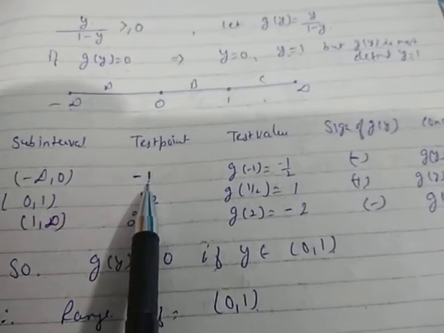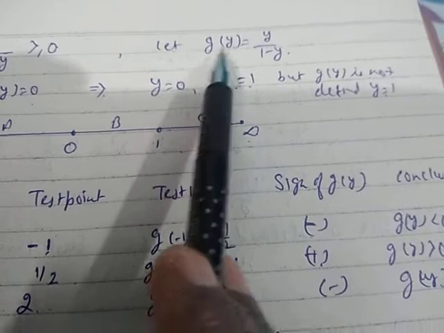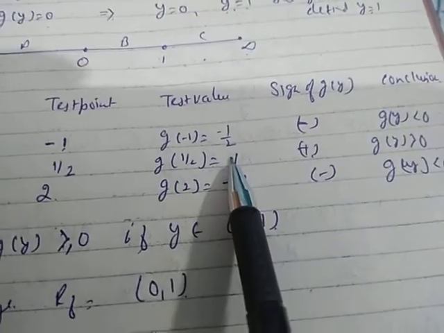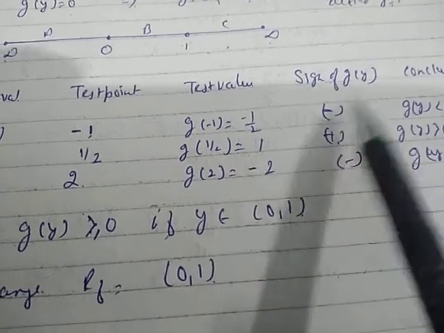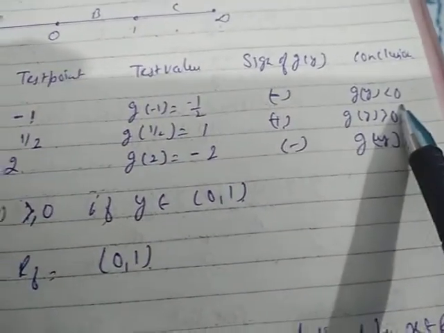Put this value of minus 1 in the function g(y). So minus 1 upon 1 minus of minus 1. It will give you minus 1/2, negative. That means g(y) is less than 0.